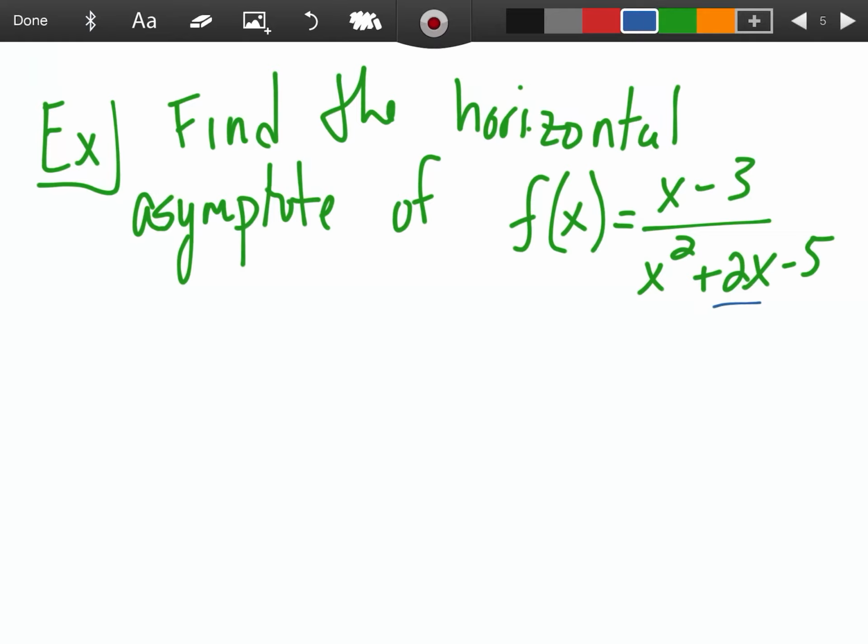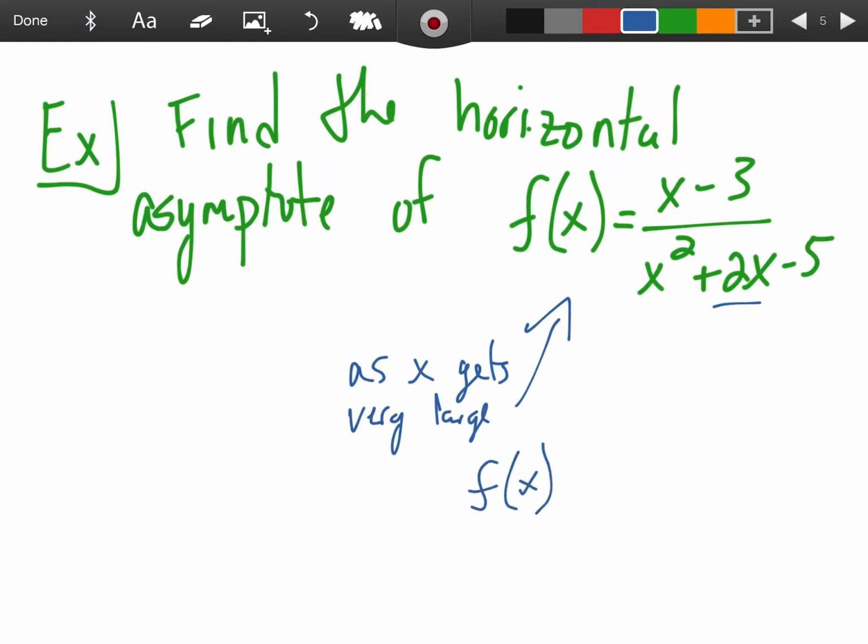So as x goes to positive infinity, so as x gets very large, this function can really be approximated just by taking the term with the highest degree or the highest exponent in both the numerator and the denominator. So this will look the same as x over x squared. Well, x over x squared, we could simplify that to just 1 over x.